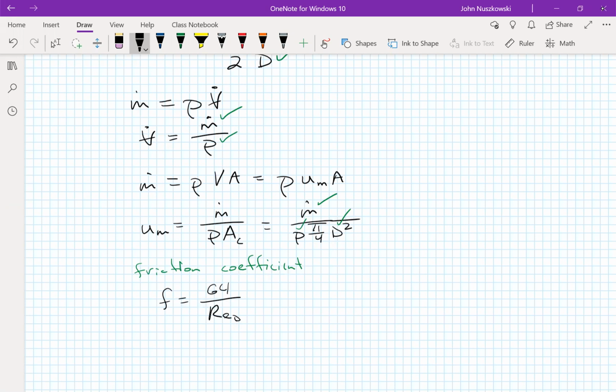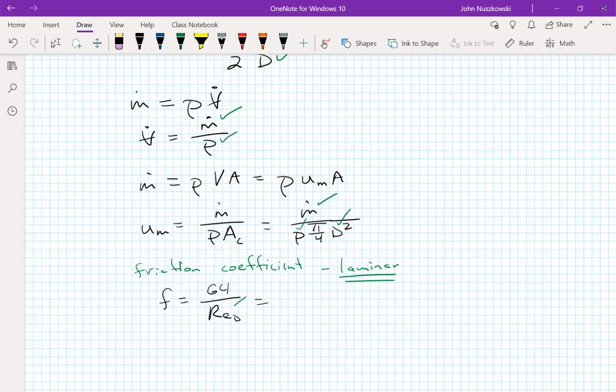So in our case, we have friction coefficient and it being laminar. Okay, so that makes it seem like friction coefficient is easy to solve, right? But as you saw in fluids, it can be a little bit longer to solve. All right, so 64, we have a Reynolds number given.